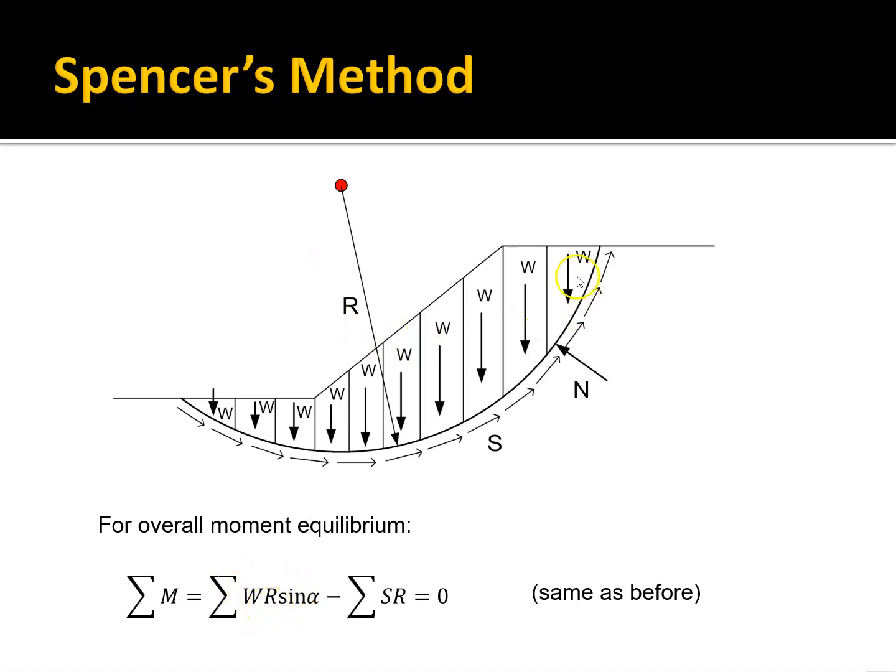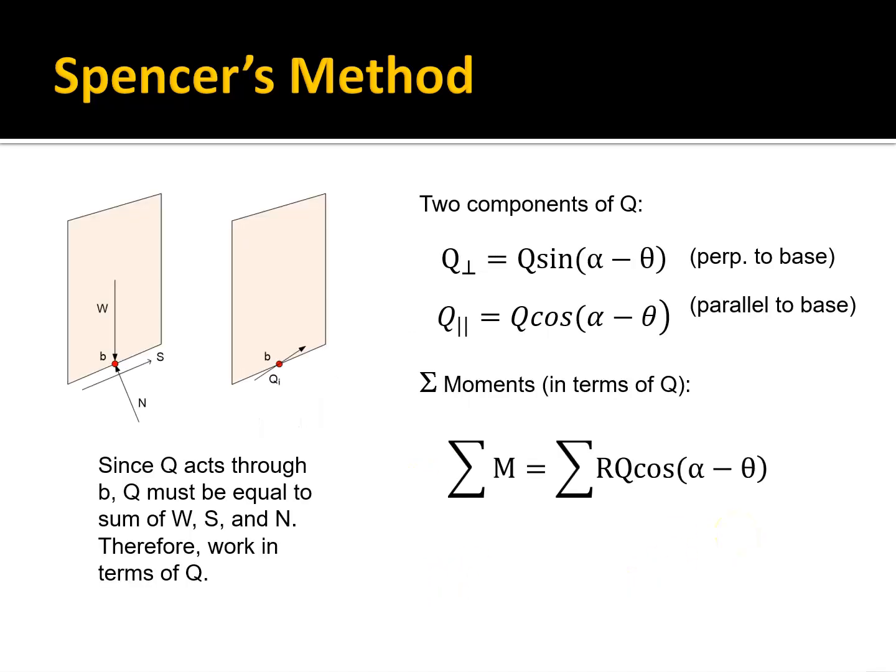The W R sine alpha is basically the sum of the moments caused by the weight of the slice, and S times R is equal to this shear force along the bottom of the slice times the moment arm, which is R. And since Q acts through the base, and it has to be equal to the sum of W, S, and N, we're just going to work in terms of Q. And if we look at the components of Q, both perpendicular to the base of the slice and parallel to the base of the slice: perpendicular to the base, it's Q times the sine of alpha minus theta, and parallel to the base of the slice, it's Q times the cosine of alpha minus theta.